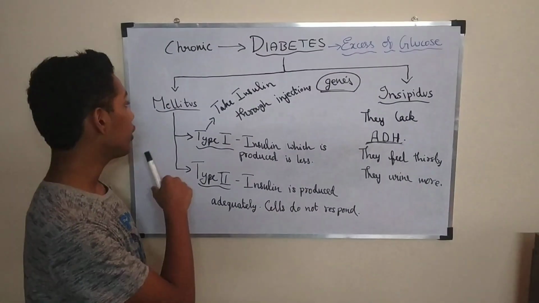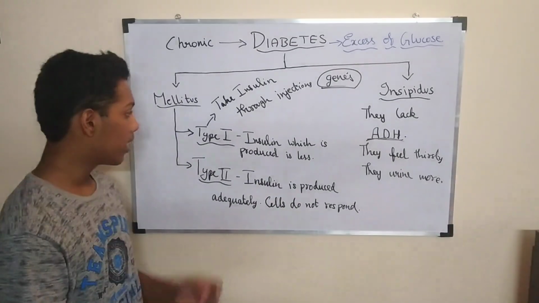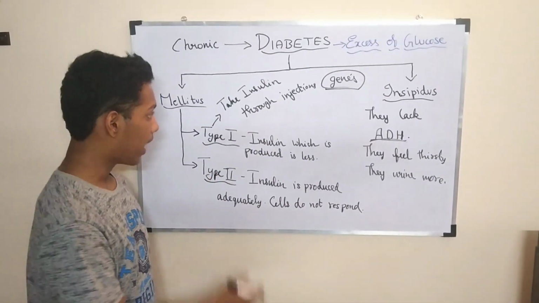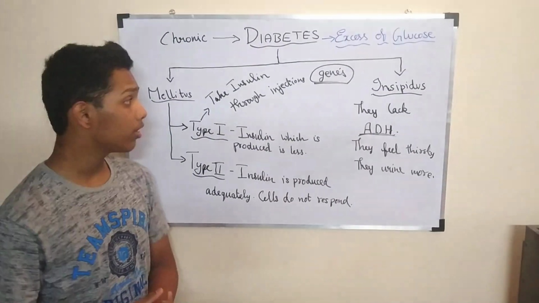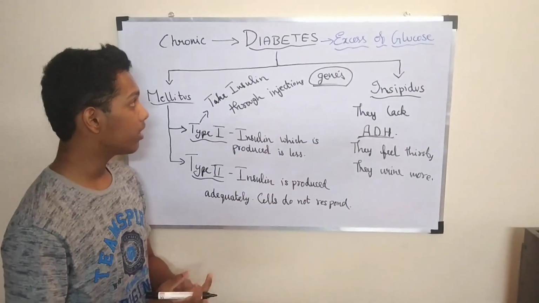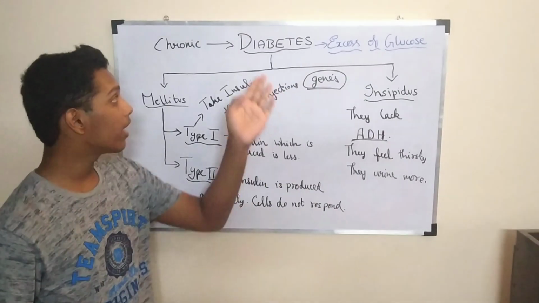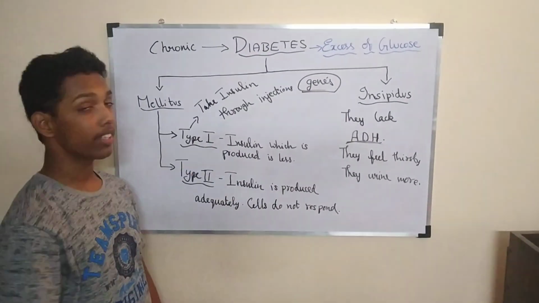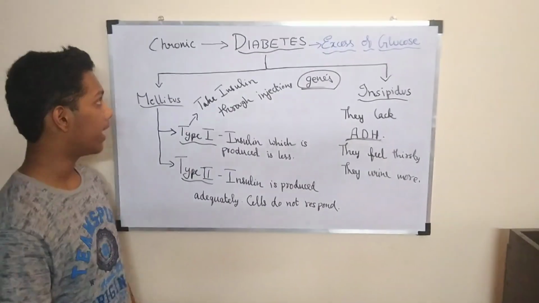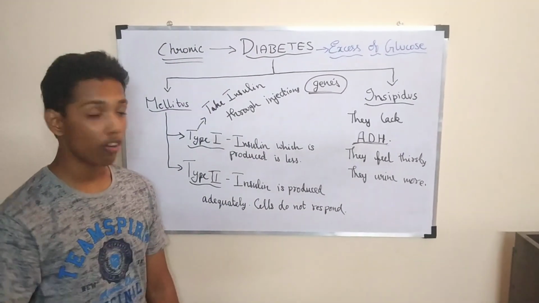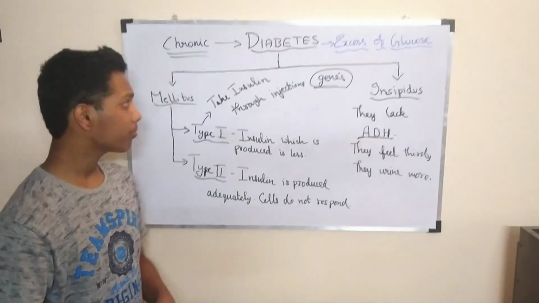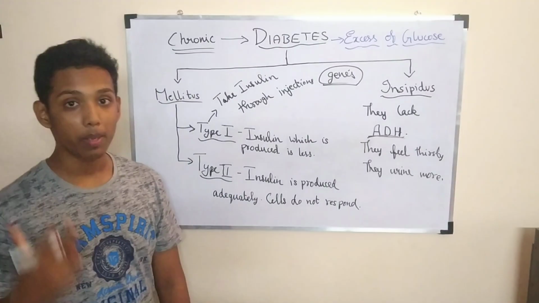And the classification of diabetes mellitus and insipidus: type 1 case, type 2 case, and for type 1 case they can try to prevent it by taking injections of insulin. In diabetes insipidus they lack ADH, which is caused by genes. Diabetes mellitus is the excess of glucose in blood, and diabetes is a chronic disease. It can last lifelong or for many years. Rarely can it be prevented.